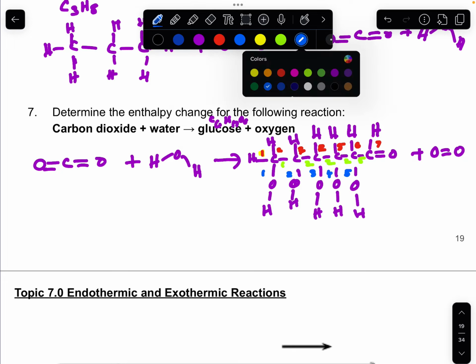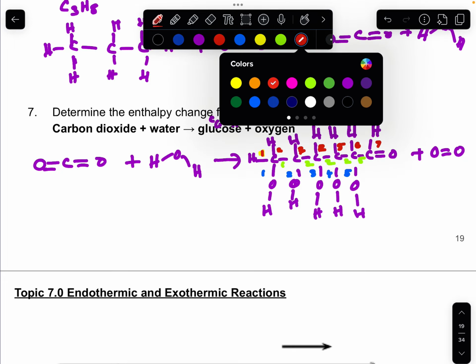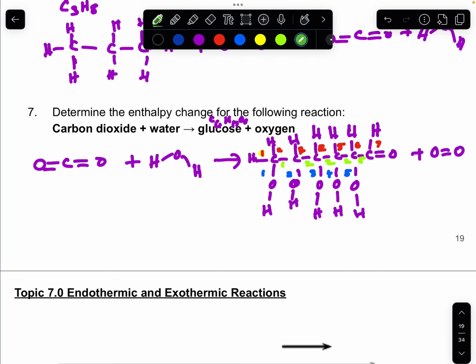Then OH bonds are 1, 2, 3, 4, 5. Okay, then what else we have? We have one CO bond. So you have to calculate all of this. Maybe if you all need help, I can do that questions.